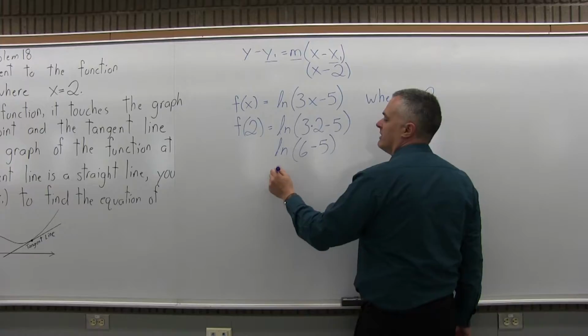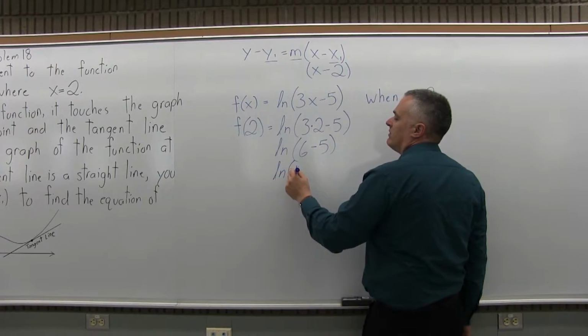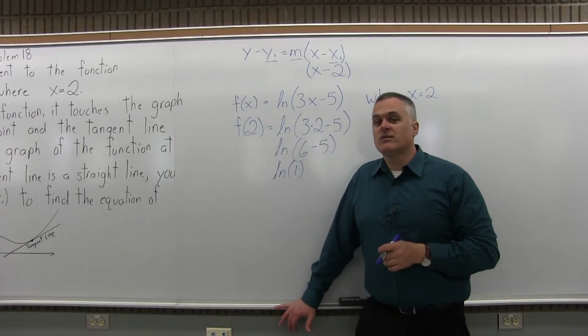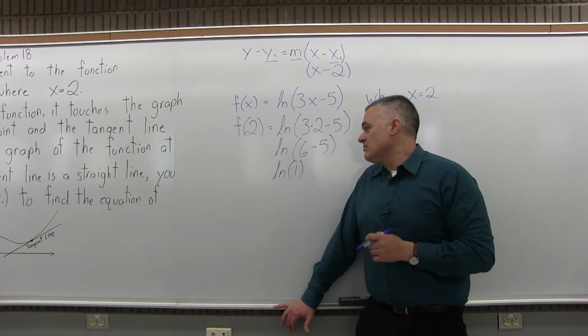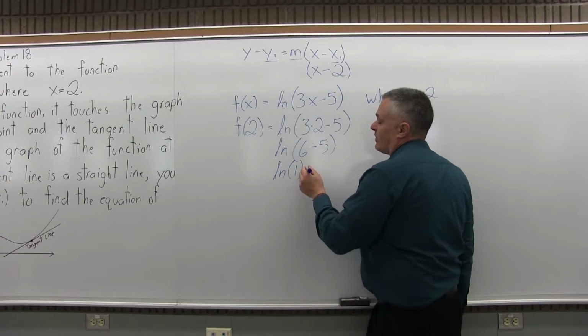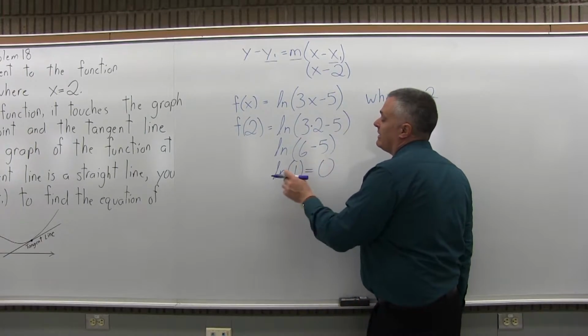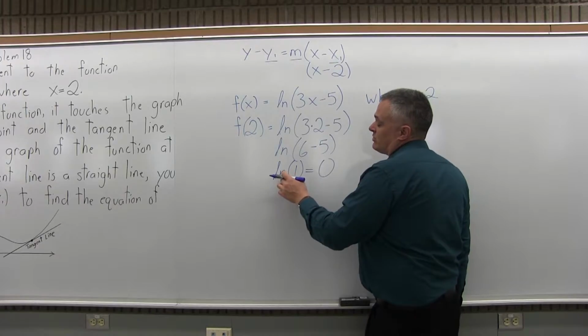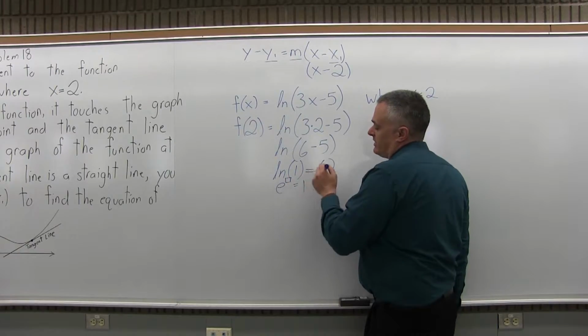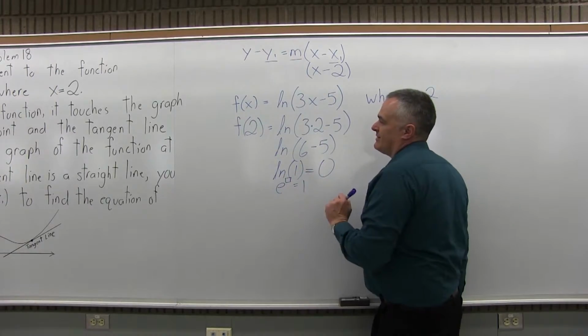Still have the minus 5, which is natural log of 1. Now that's just a number that you can find with your calculator, but you can actually find it without your calculator. The natural log of 1 is 0. Any log of 1 is 0. What you're doing with natural log of 1 is saying e raised to what exponent gives you a result of 1? Well, e to the 0 power.